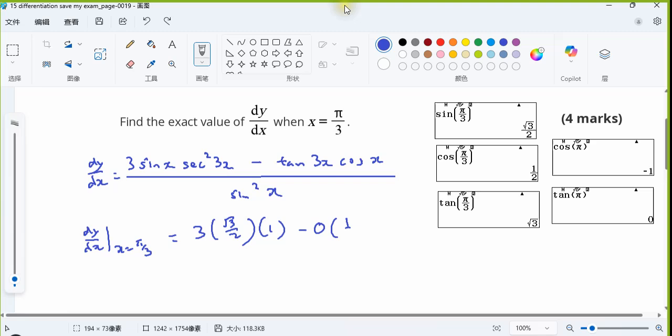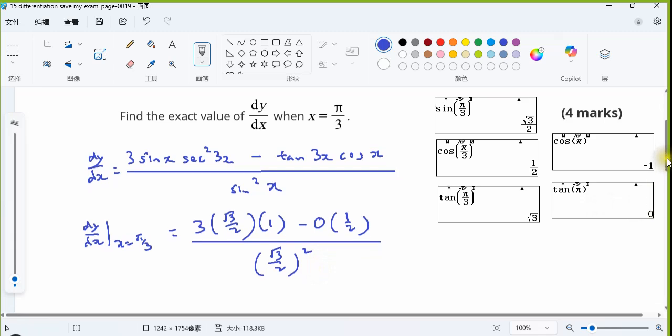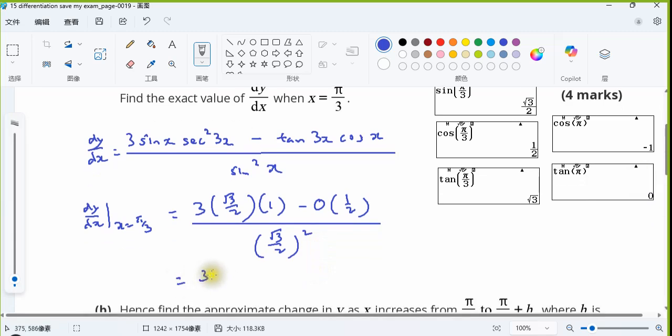No, this is correct. Yes, just now this one is square root 3 over 2 squared. Okay. So it should be 3 square root 3 over 2.